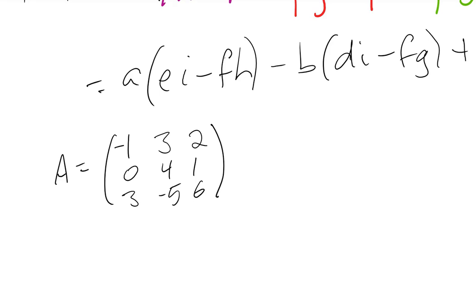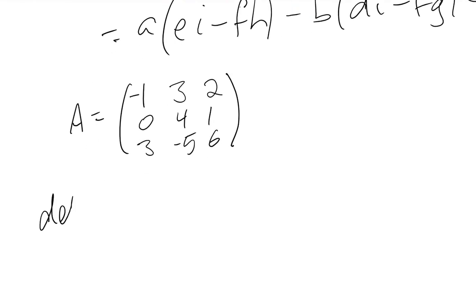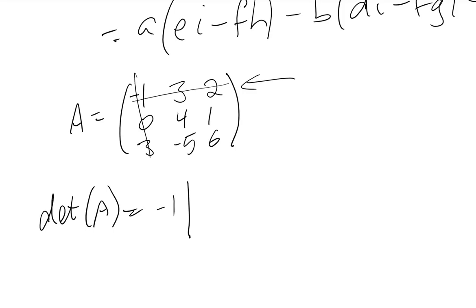So we take the determinant of A. We're going to run along the first row. So -1 times the determinant. When you cross out the first row and the first column, you end up with 4, 1, -5, and 6. Like that.